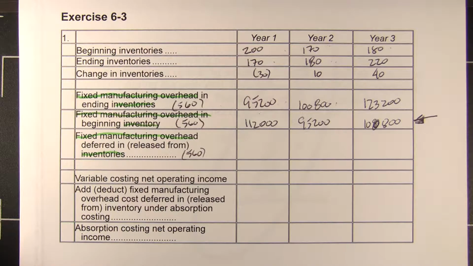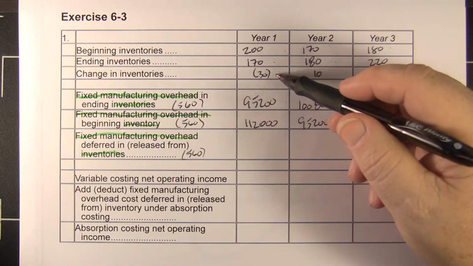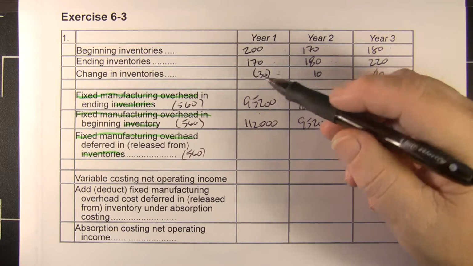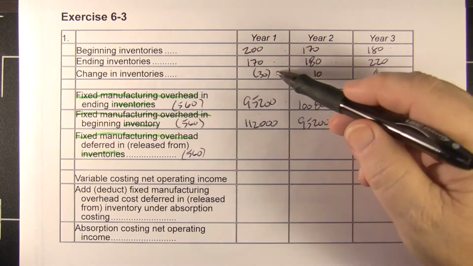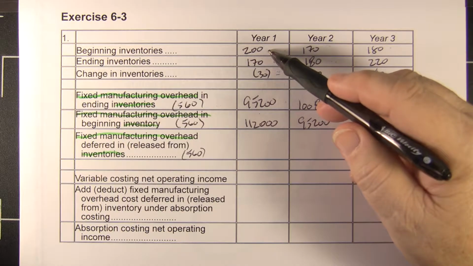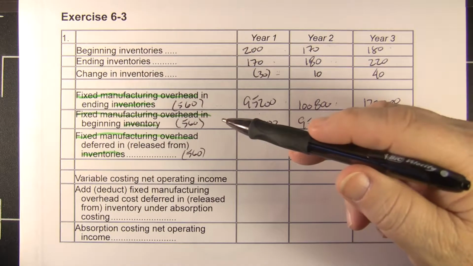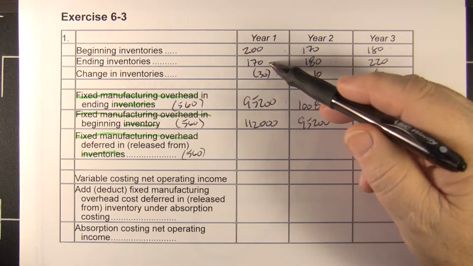If the inventory went down like it did in year one, we released 30 units worth of $560 from inventory. The beginning inventory, 200 units, each one had $560 from a prior period. This year, our ending inventory was 170.